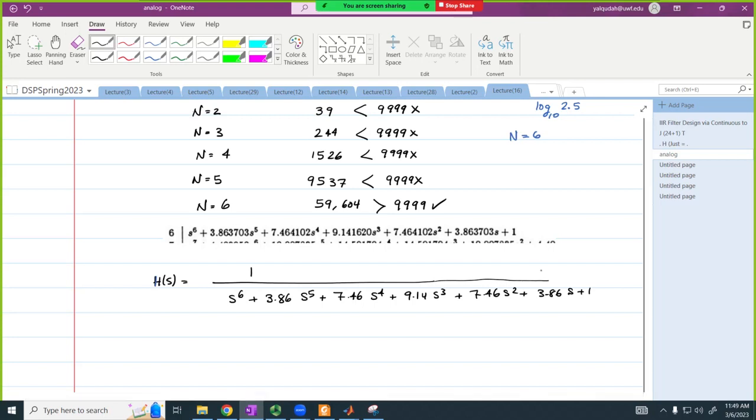What is this filter? This is the n equal to 6 filter that is normalized. What is the last step? Unnormalize it.